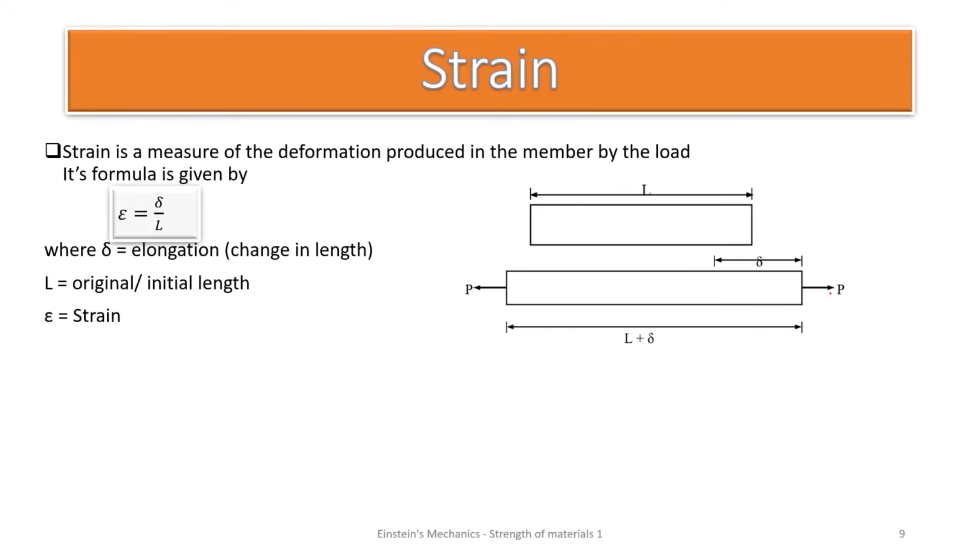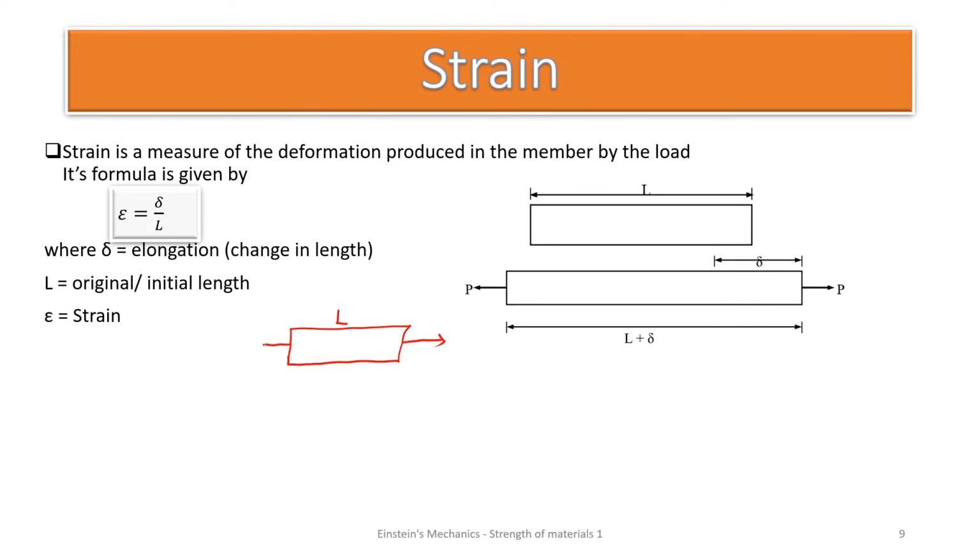It's very simple. So if I have a bar, let's assume this bar of original length L. Initially, this bar is not being acted upon by any external force, so it has its original length L. Then I apply a tensile force P to it.